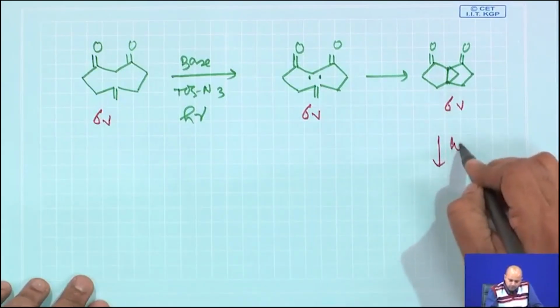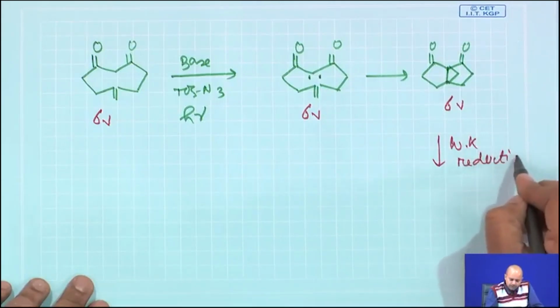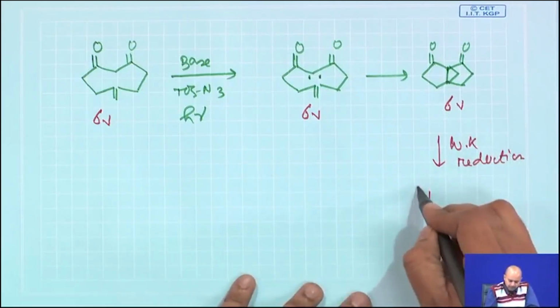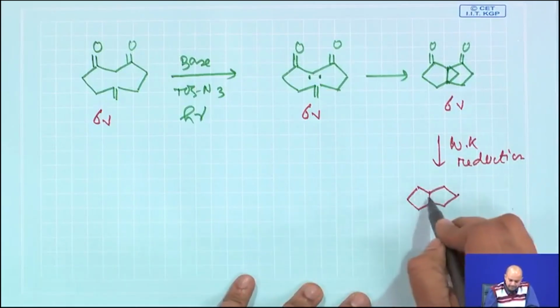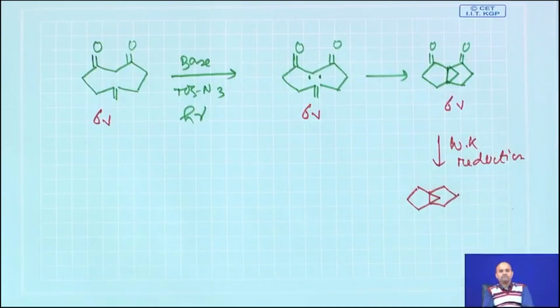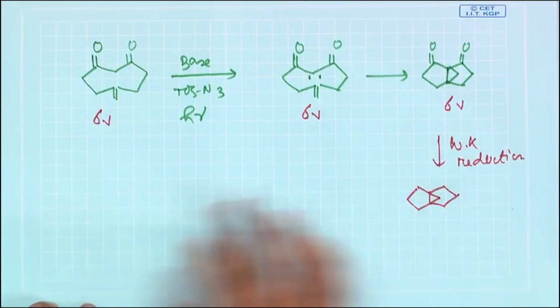Now, do the Wolff-Kishner reduction on this redundant functionality. What will you get? You basically get this. Fine. So, by adopting simple functional group interconversion, you can efficiently synthesize a designed symmetrical molecule which was given to you.